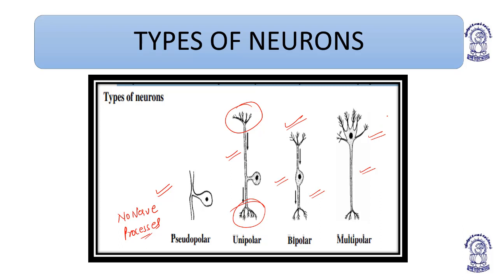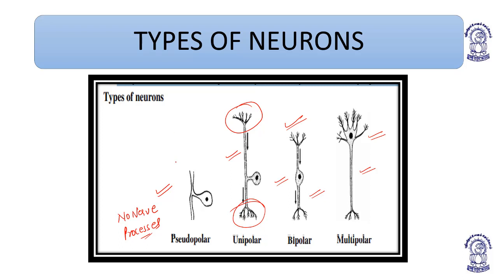Understood? Unipolar neurons: when only one nerve process arises from the cyton, it is a unipolar neuron. The cyton gives rise to the nerve process, which acts as the axon, but there is no dendron.